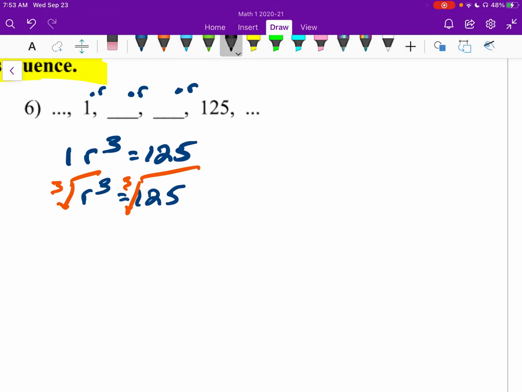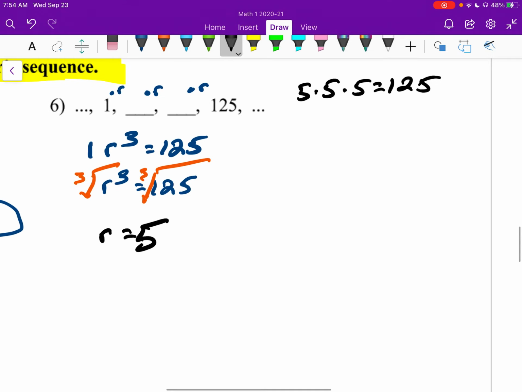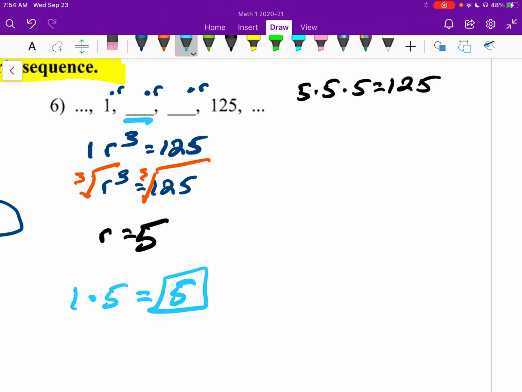This is one of the few cube roots that I can do in my head: 5 times 5 times 5 is 125. So r is 5. Now my first blank is 1 times 5 equals 5, and my second blank is 5 times 5 is 25.